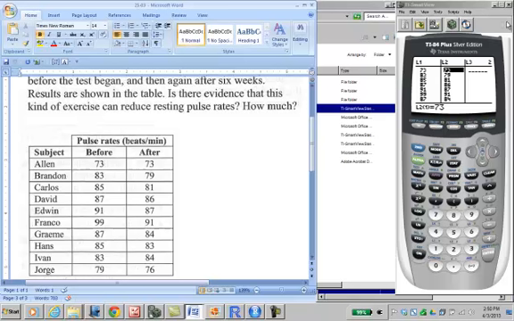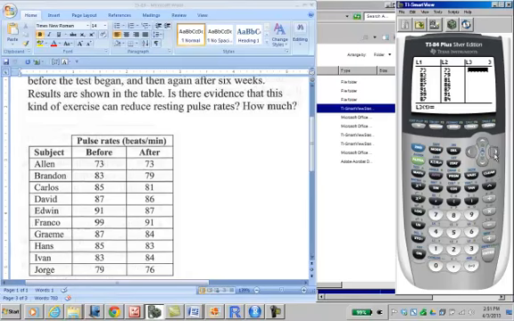So let's generate the differences, because the rest of the inference, namely the most important part, which is nearly normal, we have to do not on the before data and not on the after data. We must do it on the differences between the before and after. So let's put the before data in L1 as it is here, and the after data in L2.